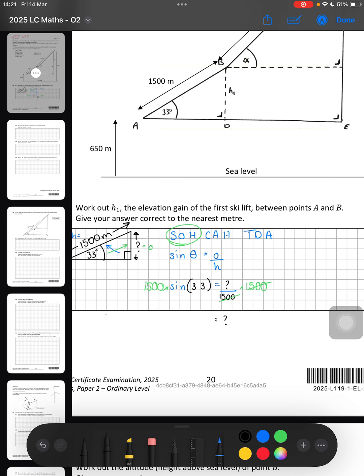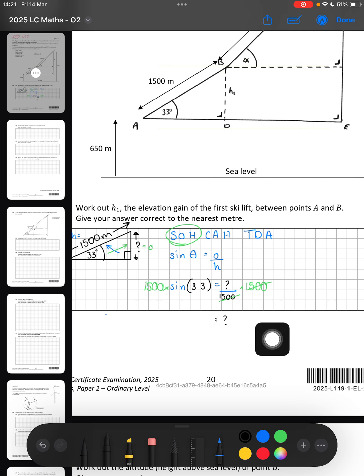If you write that down as 0.54, you're significantly changing your answer from what it should be. So if you've decided to put sine 33 in your calculator, that's absolutely fine, but you need to write down loads of decimal places, at least 7 decimal places.